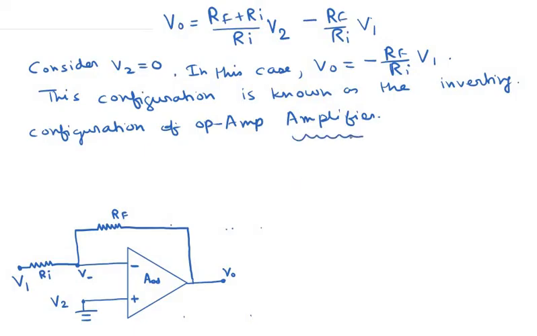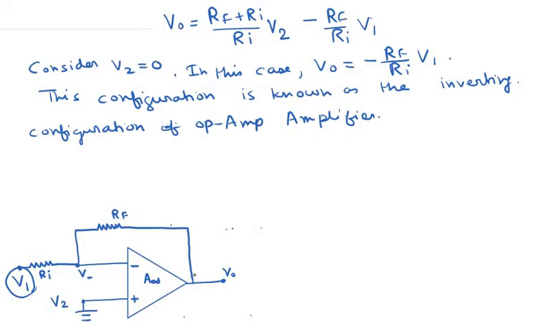If RF is greater than RI, then this configuration is amplifying the signal. That is why this is known as amplifier. And why is this known as inverting amplifier? This is because this voltage V1 is connected to the inverting terminal of the op amp through this resistor RI. That is why this configuration of the op amp amplifier is known as the inverting configuration of op amp amplifier.